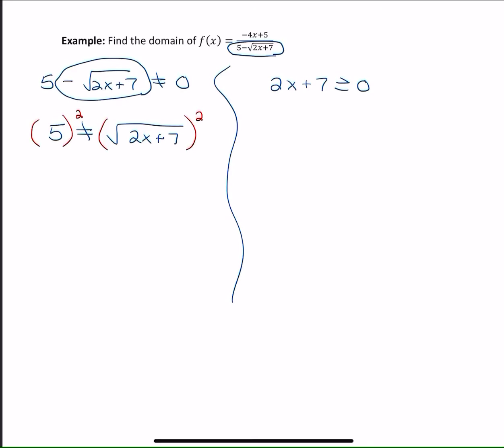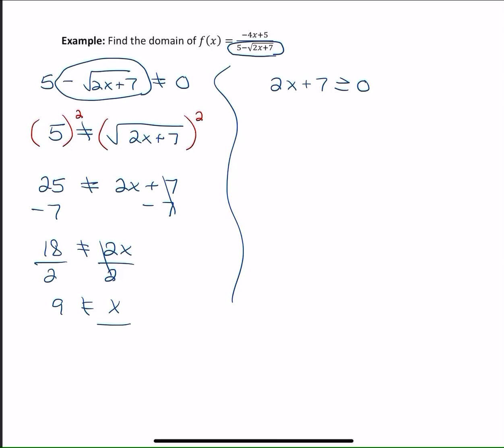So that's going to give me 25 cannot equal 2x plus 7. And then subtract 7 from both sides. I get 18 cannot equal 2x. And then divide by 2 will give me x cannot equal 9. So that's one part of the domain.